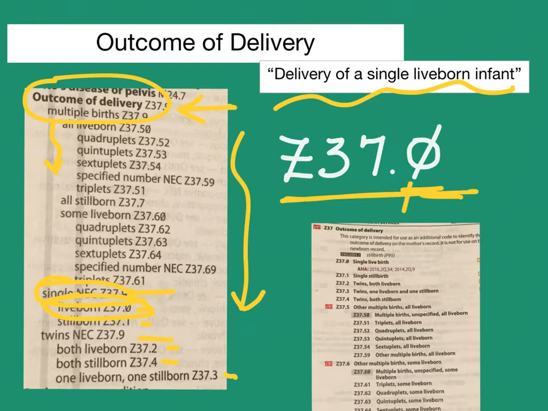When you check the tabular list, so here we have our tabular list that we know to always check, you will see a note reminding you to not only use the Z37 codes, but to make sure it's only used in the mother's record. It is not for use in the newborn record. So we talked about that in the last slide, but here it's just reminding you in the tabular list. These Z37 category codes may only be used on the mother's record.